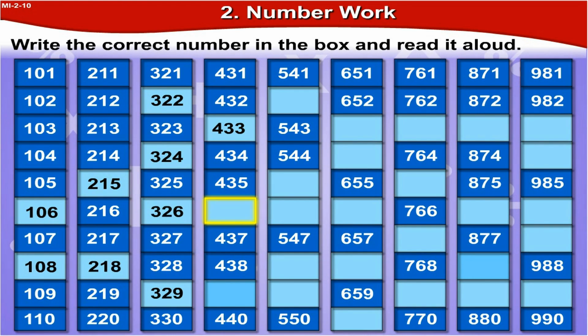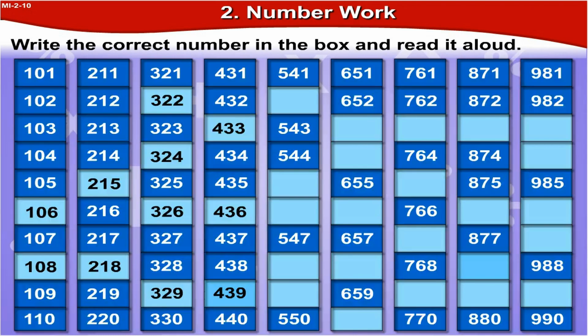After 435, we have 436, which is 436. Then 437, 438, then another box. Well, after 438, we have 439, which is 439, and then 440.